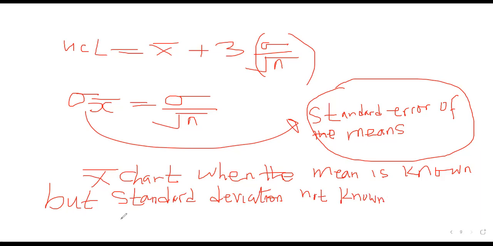I simply say our X bar 2, in this case, is the center line, not X bar 1. Then our lower control limit is going to be X bar 2 minus A2 R bar.